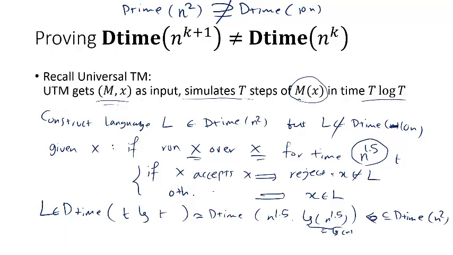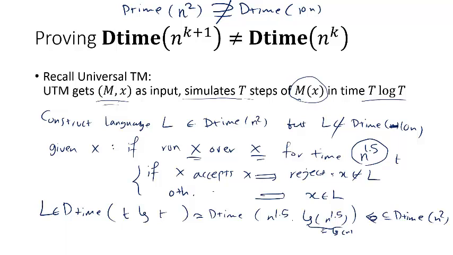What does it mean? It means that the language L actually belongs to deterministic time n squared. And our goal was to construct something that is solvable in time n squared, but not solvable in linear time, yes? So don't forget what the goal was.